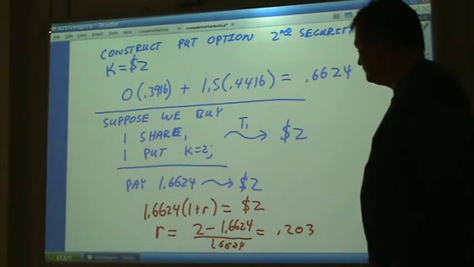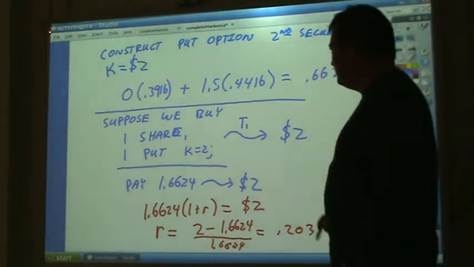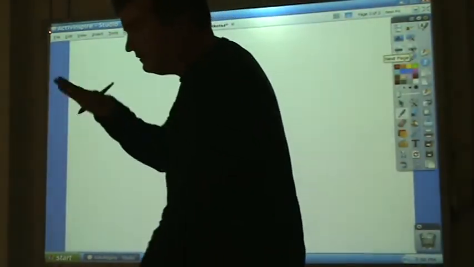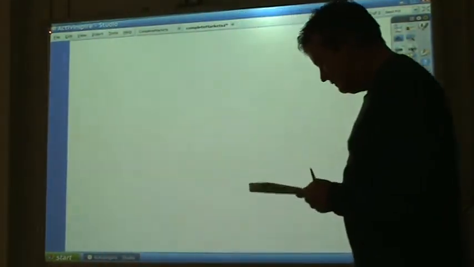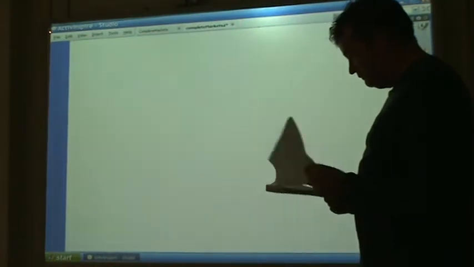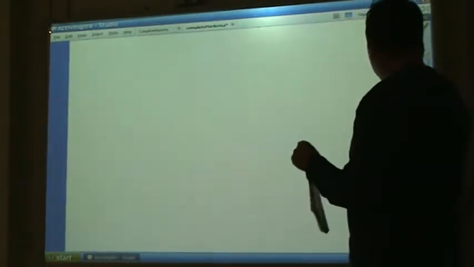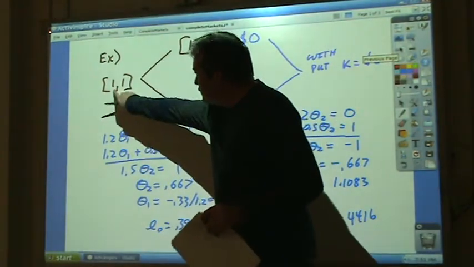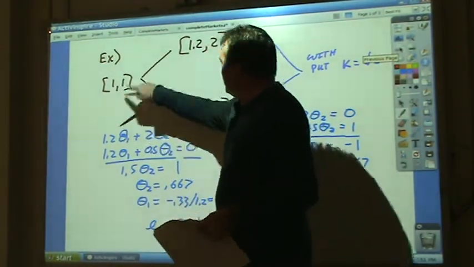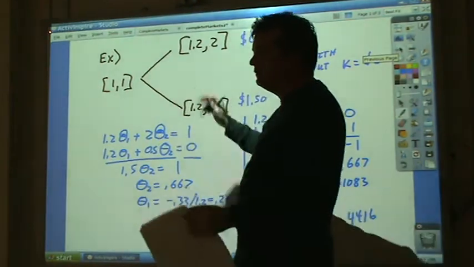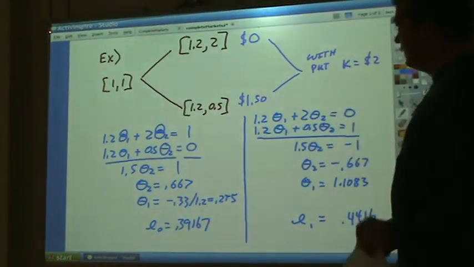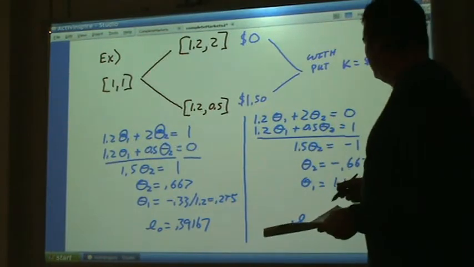So the interest rate part of this question would have to be 20% because of that 20% thing that you saw. There was one security which ends up looking like money market that goes to 1.2 regardless of what the market does. That looks like you're just investing the money in the bank and getting a guaranteed 1.2.